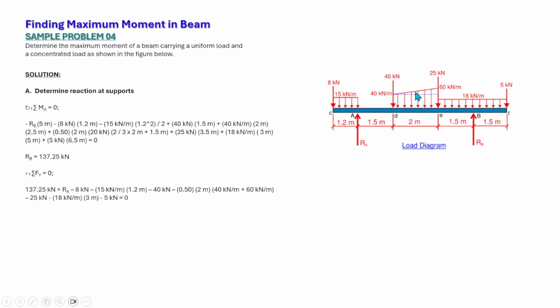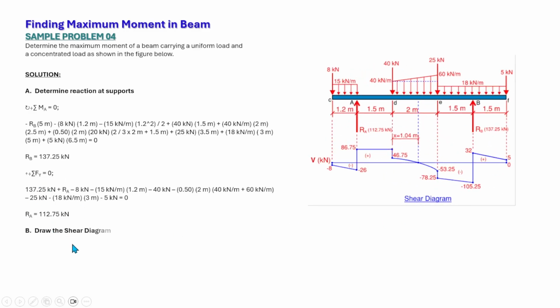We consider it as a trapezoid because we're just calculating the total load of the trapezoidal loading. So minus 25, downward, minus 18 times 3, the uniform load, and minus 5 kilonewton. So RA is equal to 112.75 kilonewton. Now we are done with the reactions, RA and RB.